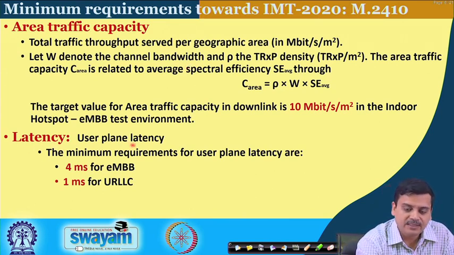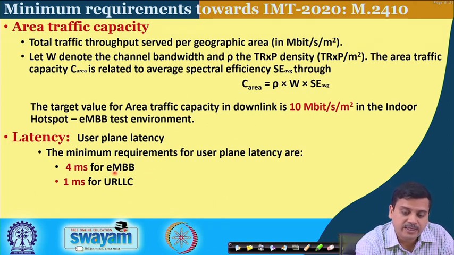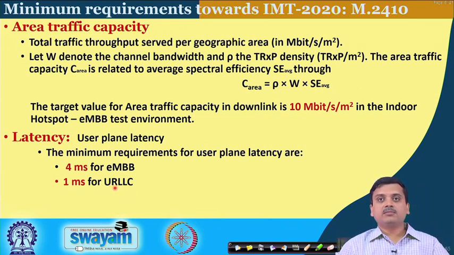In terms of latency, the user plane latency, we have defined the control plane latency and user plane latency earlier. The minimum requirement for user plane latency are 4 millisecond in enhanced mobile broadband scenario and 1 millisecond in the ultra reliable low latency communication scenario.